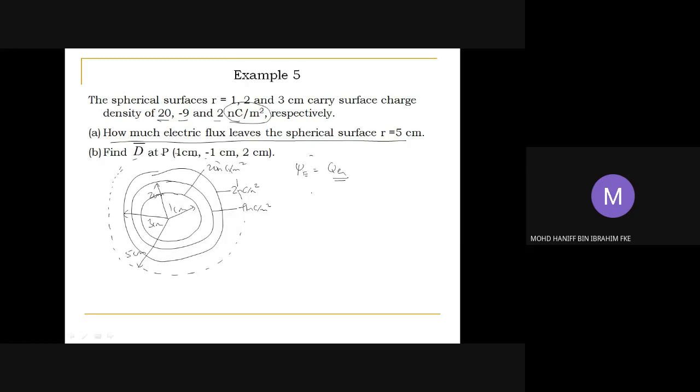Based on this, we know that our closed surface is 5 cm, in which all the spheres that we are given are located inside the 5 centimeter surface.